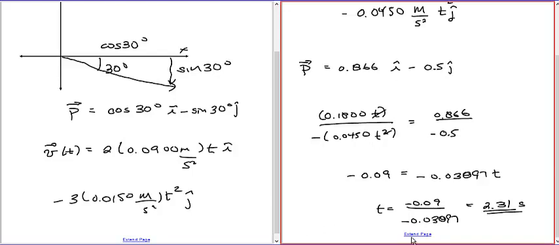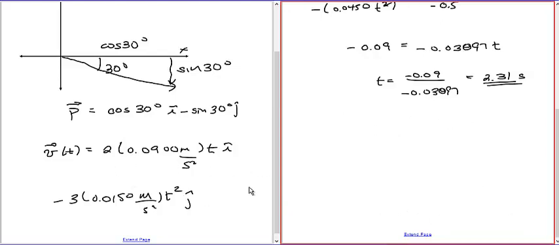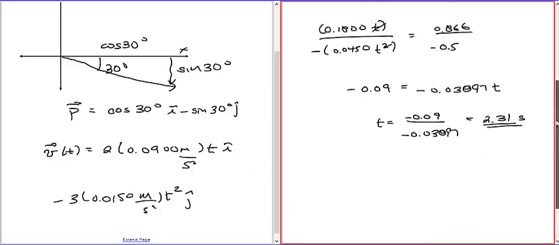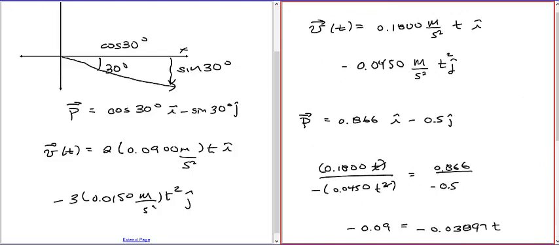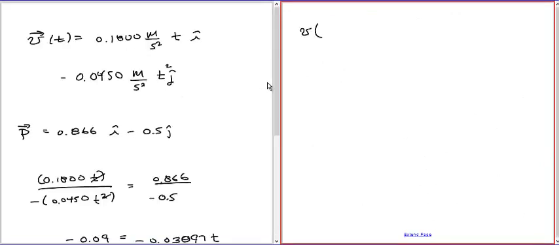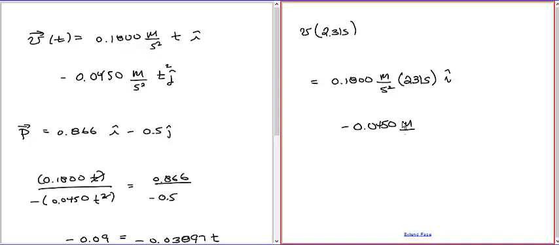Okay, so let's try that out. So if I plug in t of 2.31 seconds, that's going to be equal to 0.18 meters per second squared times 2.31 seconds, i, minus 0.0450 meters per second squared times 2.31 seconds, j.